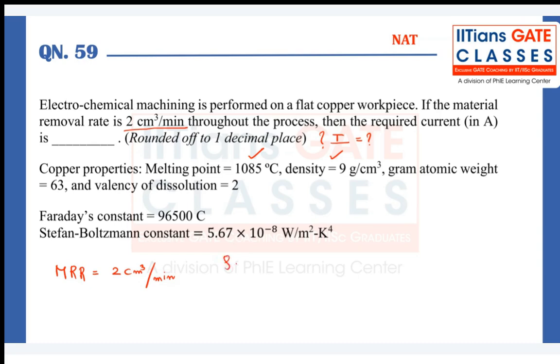Next, the density is given as 9 gram per centimeter cube. The atomic weight is 63. The valency V is 2, right?